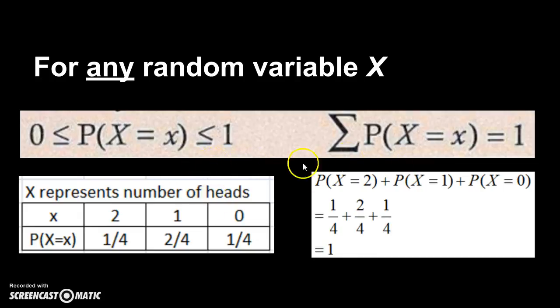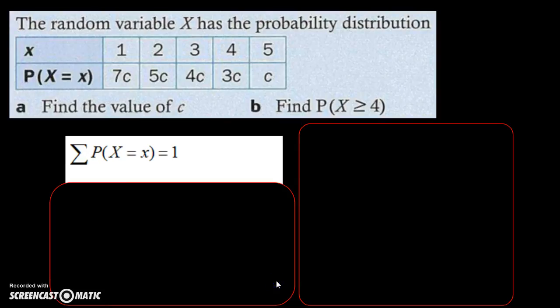Both of these properties, they should not be new, right? Because we actually learned about this when we first came across probability. But anyways, just keep this in mind because sometimes they could be very useful when solving questions, such as this one. So please pause the video and take a look at the information that's been given to you.